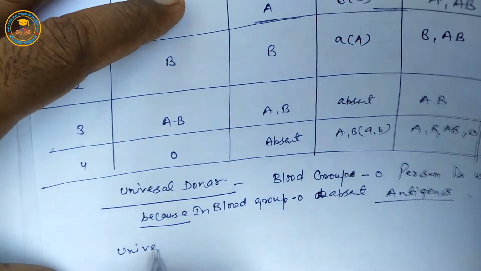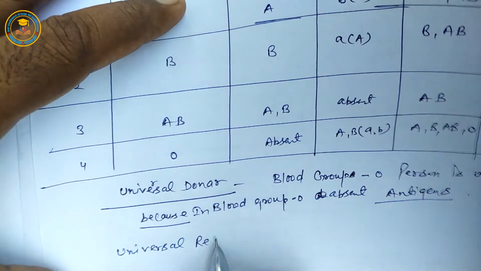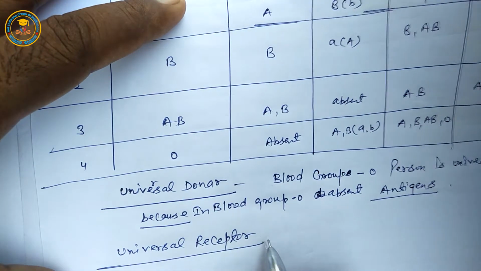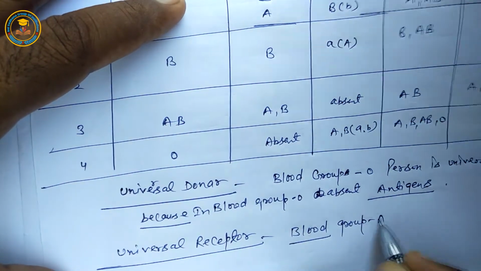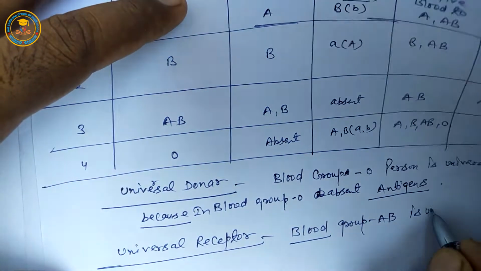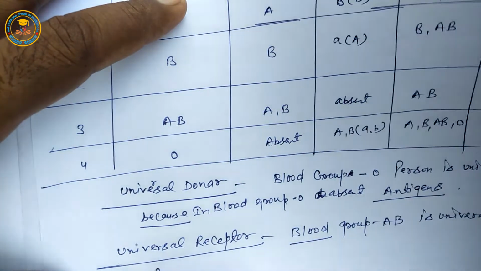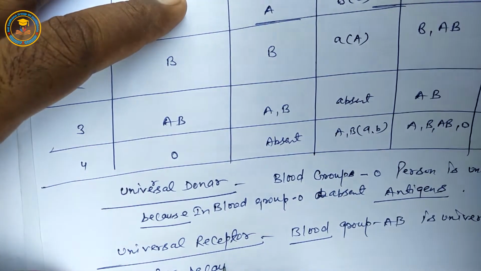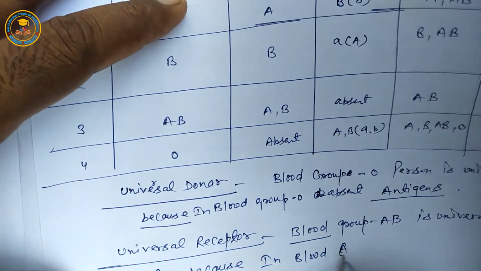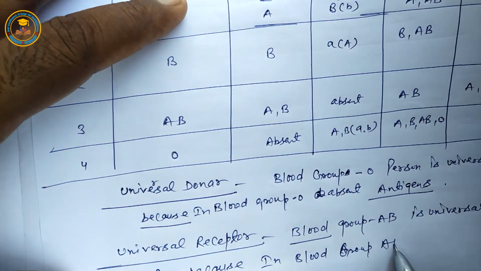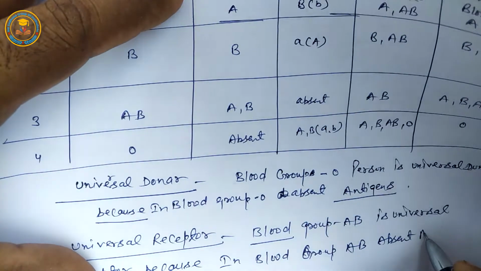Next is universal receptor. Blood group AB is the universal receptor because in blood group AB antibodies are absent.